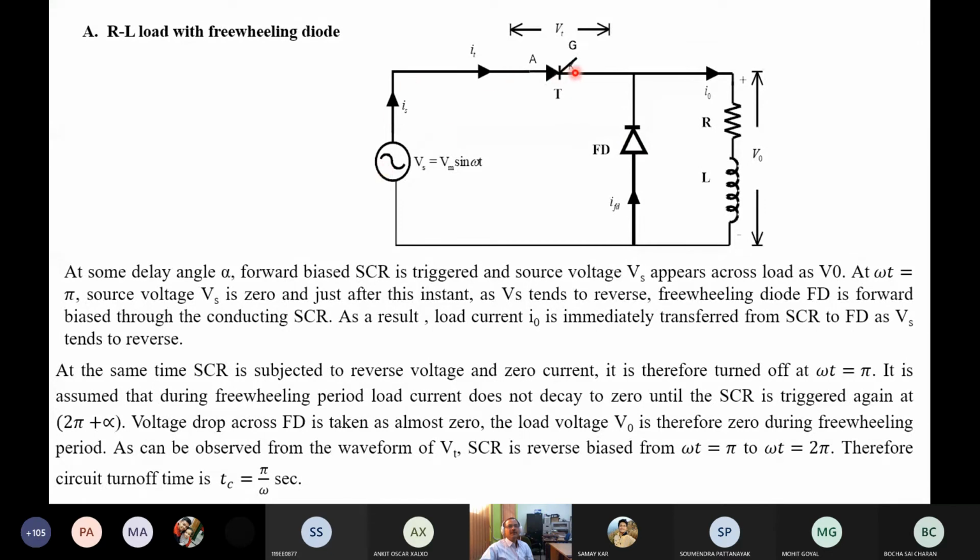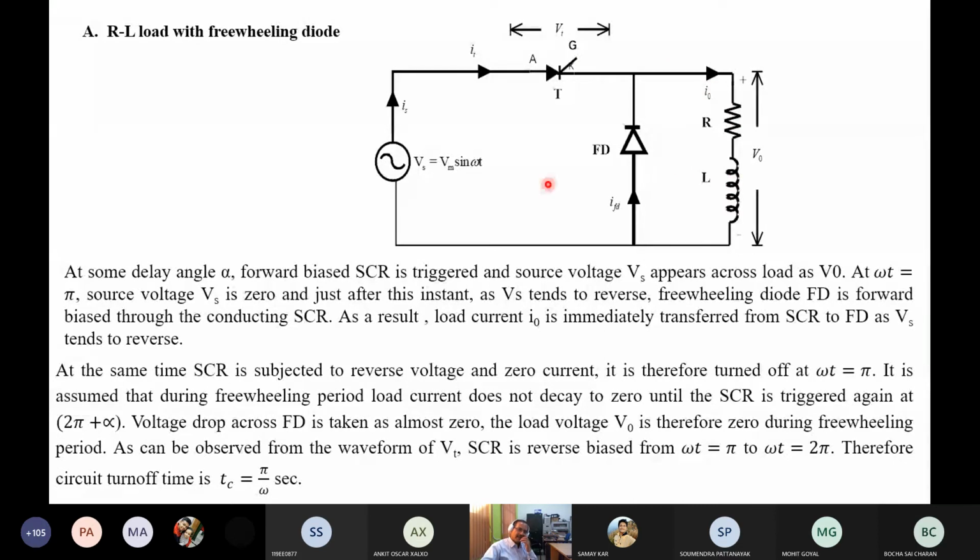This thyristor is forward biased and provides a conducting path, and this diode is reverse biased, because this is positive and this is negative, anode and cathode. So this is reverse biased, not conducting. Current is flowing like this: T, R, L, Vs. Energy gets stored here.